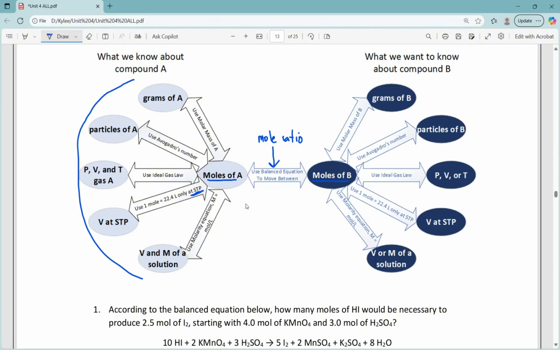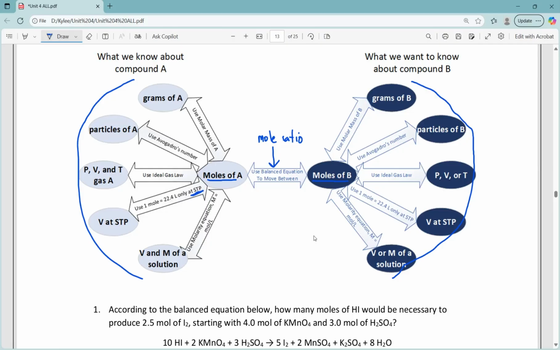Once I have moles, I'm going to use my balanced chemical equation, which is where I would get my mole ratio from, to move from moles of the known to moles of the unknown. Then, of course, on the right-hand side, we can get to any of these things using the same set of information.